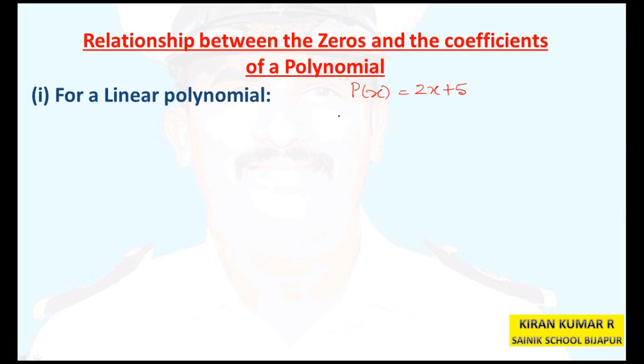This is a polynomial. To find the zero of the polynomial, what were we doing? We were equating this to 0. So we get the value of x as minus 5 by 2. This minus 5 by 2 is the only zero of the polynomial.